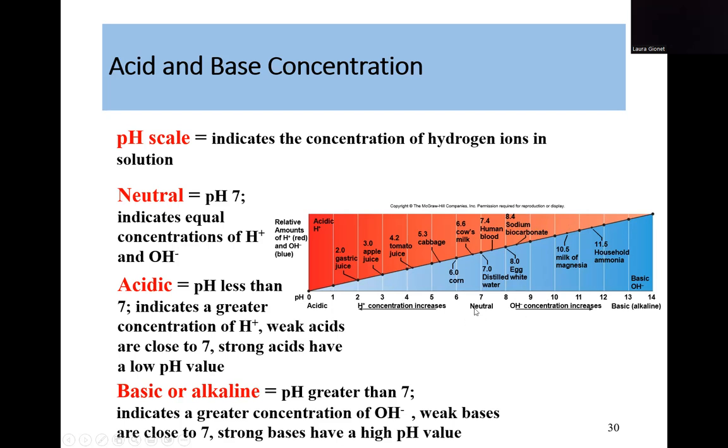Okay? Whether you're on the acidic end, which is 0 to 7, or the alkaline end, the closer you are to 7, the weaker the acid or alkaline solution you are. So let's say we're at a pH value of 6.5. Technically, we're on the acid end of the scale, but we're really not far from neutral.